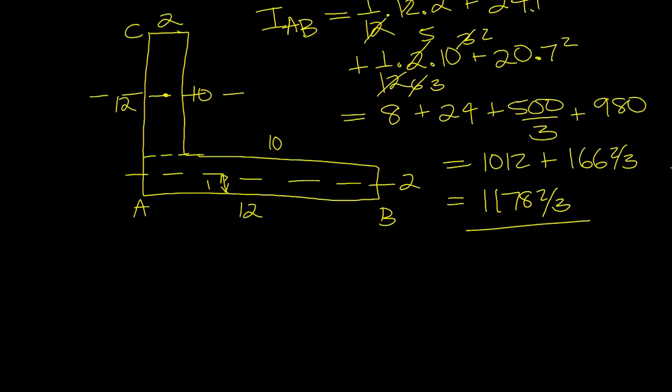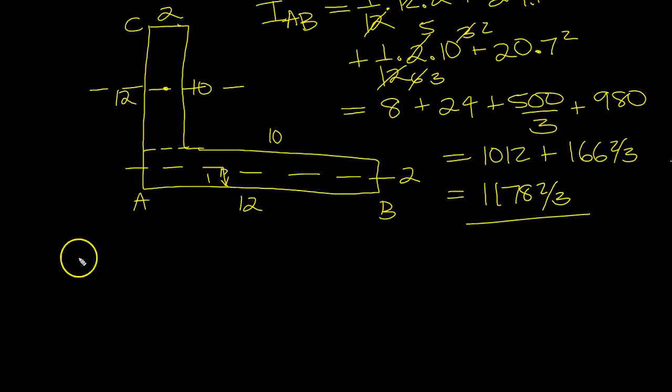Now AC, let's have a look at that. So for AC, let's use these two segments again, but we're coming down this way now. So we're looking at this one. So what's I for this rectangle here?